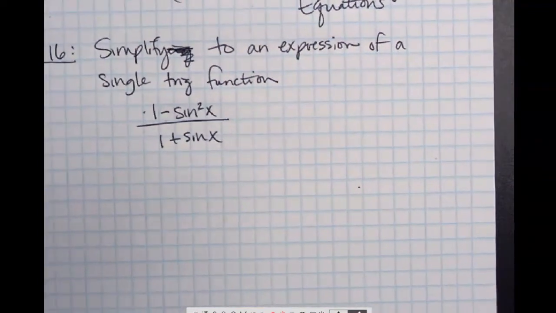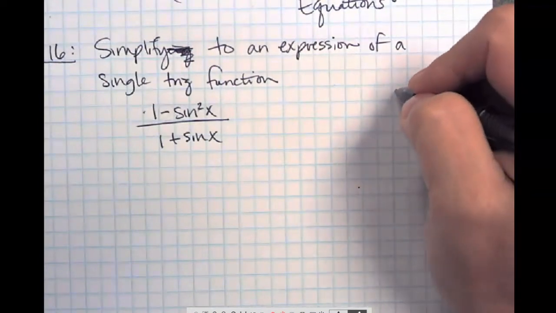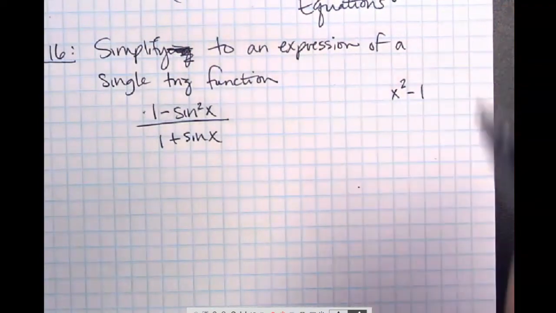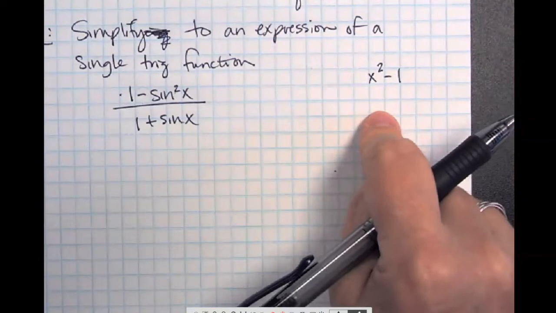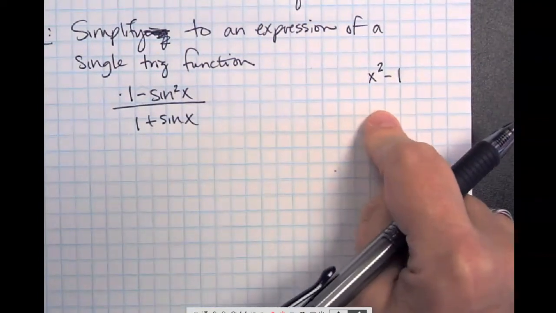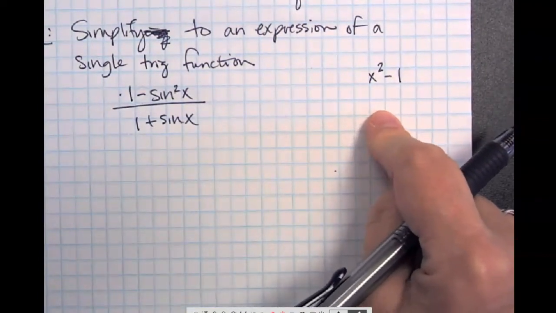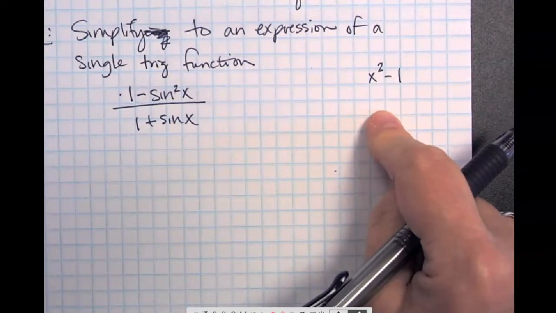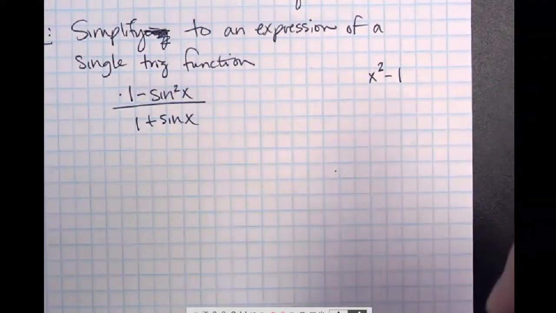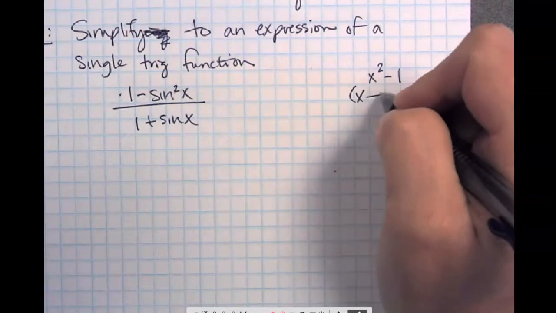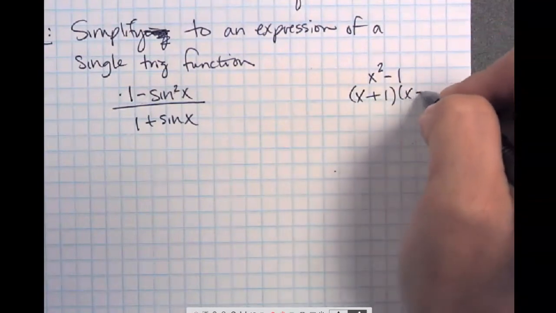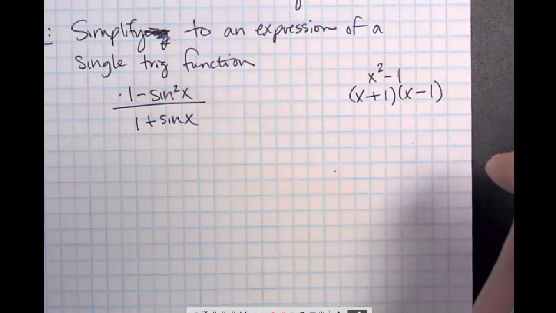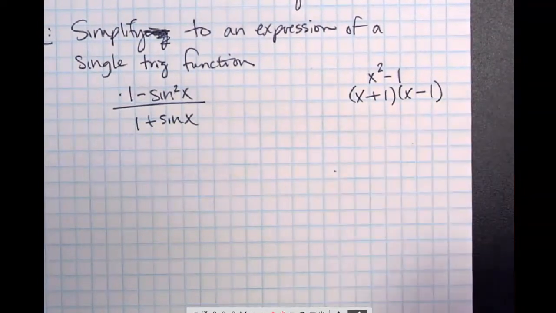So what I'm going to ask you first is, come over here to the side. How would I factor that? It's a difference of two squares. These are the ones that are really easy. You take the square root of both terms, one factor's plus, one factor's minus. So x plus 1, x minus 1.